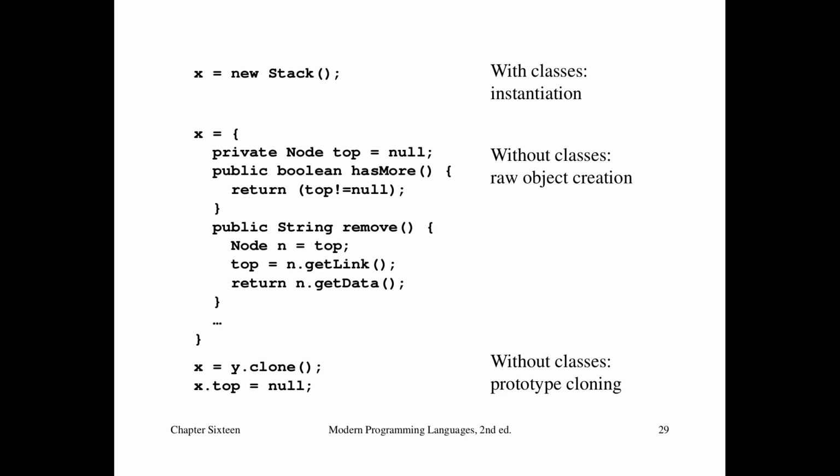And all of a sudden, that's an object now. We can access those things just like we normally could. We say x.top, x.hasMore, and it would do everything as we expected.